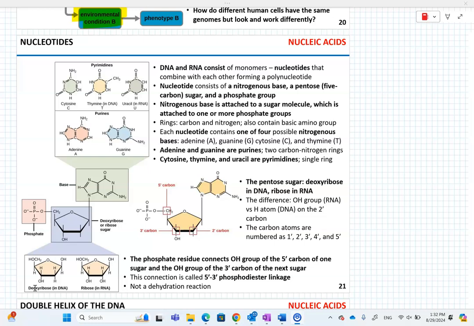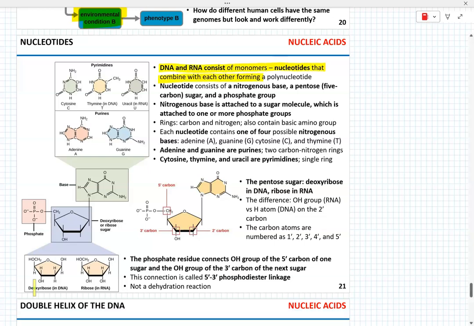The building blocks of nucleic acids are nucleotides. Both DNA and RNA consist of these types of monomers. However, there are slight differences between certain elements of these monomers between DNA and RNA. Every nucleotide consists of a nitrogenous base, a 5-carbon sugar, pentose, either deoxyribose or ribose, and a phosphate group that is attached to the 5' carbon.